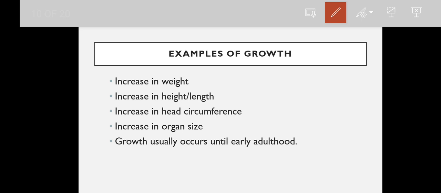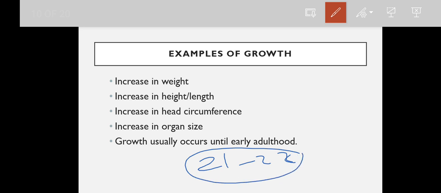Early adulthood, we are talking about the ages of 21, 22. At these ages, the bone where growth occurs, the epiphyseal plate, is no longer cartilage. It is calcified and there is no growth that can occur.